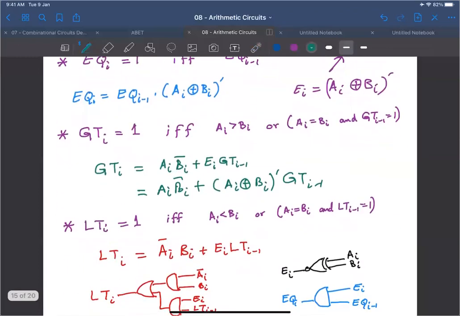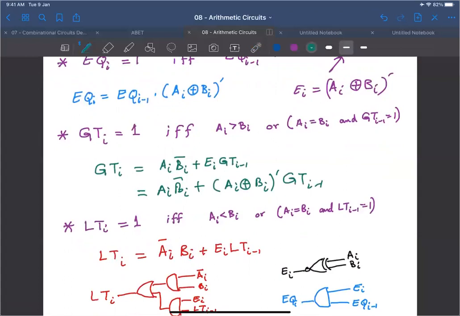And then LT, similarly, LT will be 1 if and only if AI is less than BI. That's one condition, and one of them is sufficient to have LTI equal to 1. The other condition is that AI equals BI, and we have a less than from before.